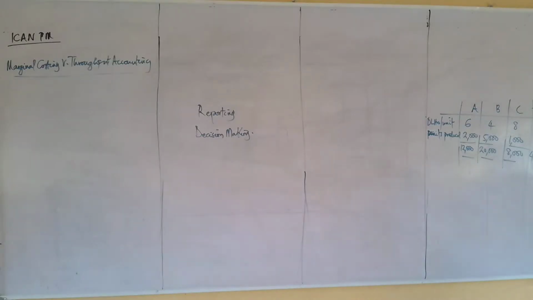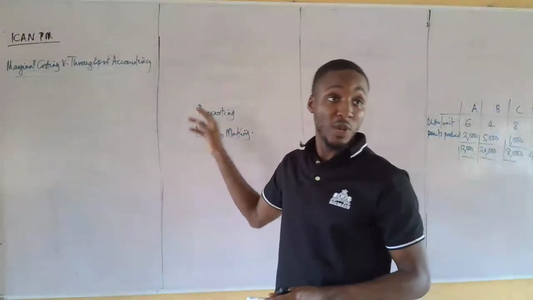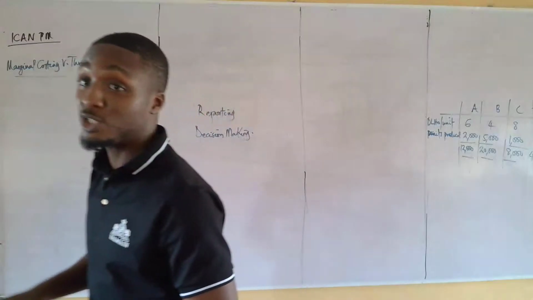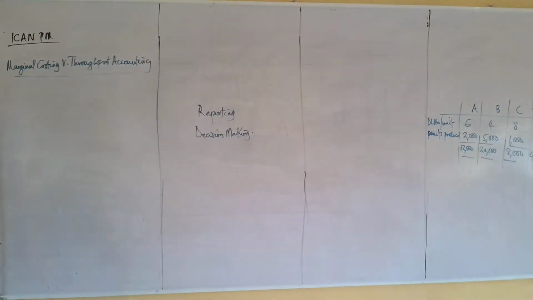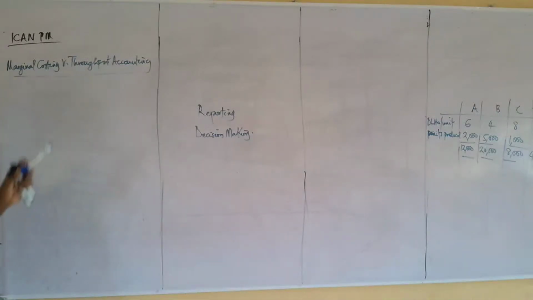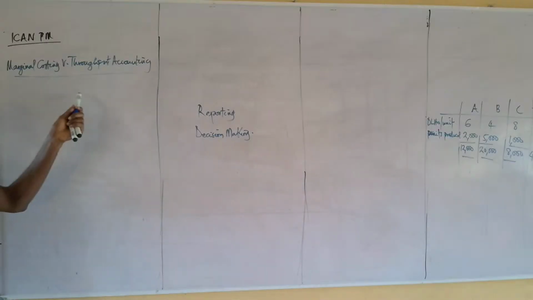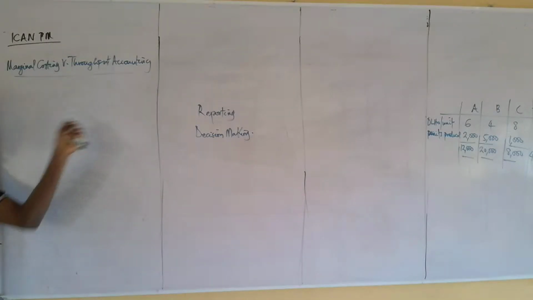So the basic use of absorption costing is for reporting. Whenever we report financial statements, we use absorption costing. But most managerial decisions use variable costing techniques, which we know are marginal costing and also throughput.